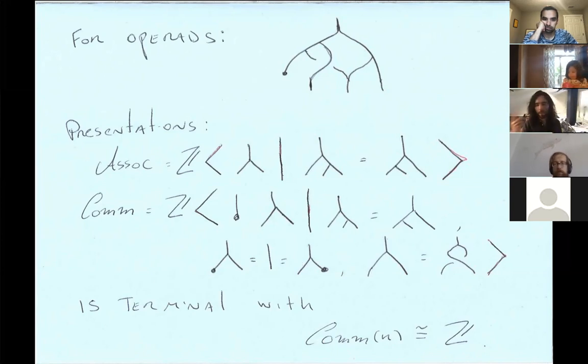Now, the action of the symmetric group here will be trivial. So we're identifying, as part of the list of relations, that this generator and the transpose of that generator are equal. So we can prove then that this is the terminal operad, and that each part of it, which we refer to as the arity of the operad, is isomorphic to the ground ring.